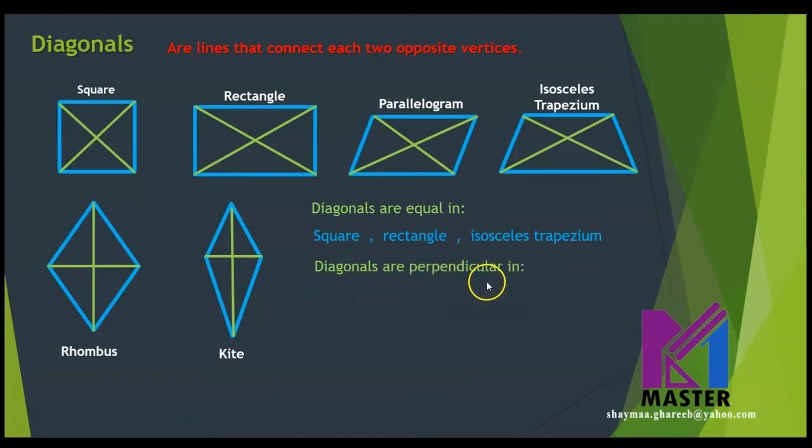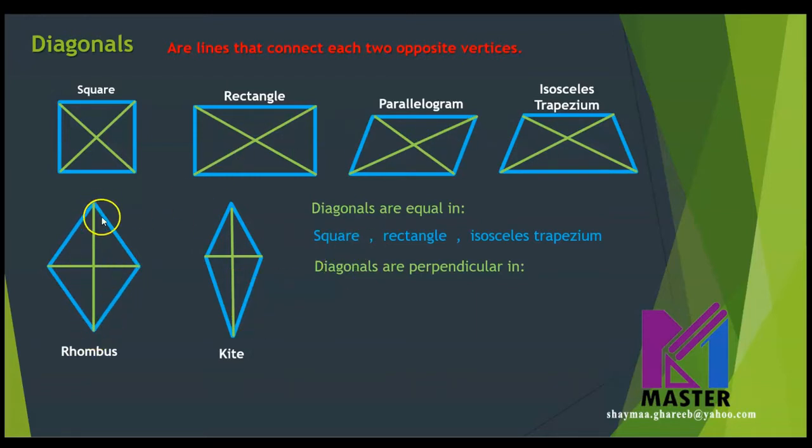Diagonals are perpendicular. What is the meaning of perpendicular? When we have perpendicular lines, it means they meet at a right angle. Now let's see. Do you see any right angle between diagonals in all of these quadrilaterals? I can identify two clear perpendicular diagonals.